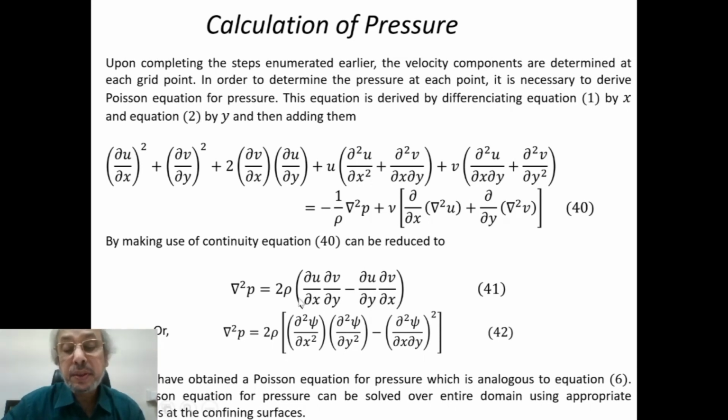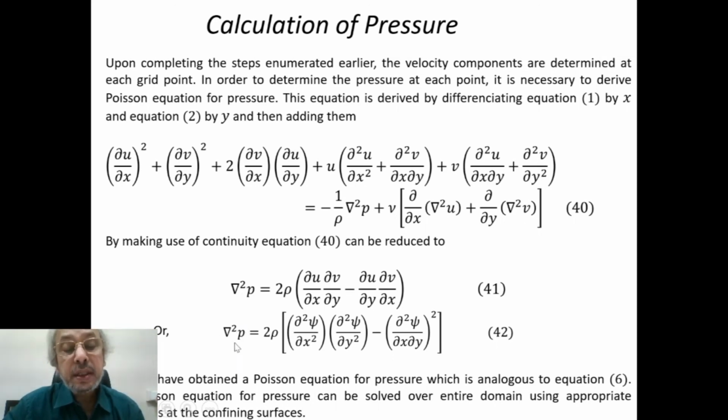So you can do those substitutions, and you will get grad square p equal to 2 by rho times, del^2 psi/del x^2 into del^2 psi/del y^2 minus, whole square, del^2 psi/del x del y. And all these values are known. Local psi values at every location are known.